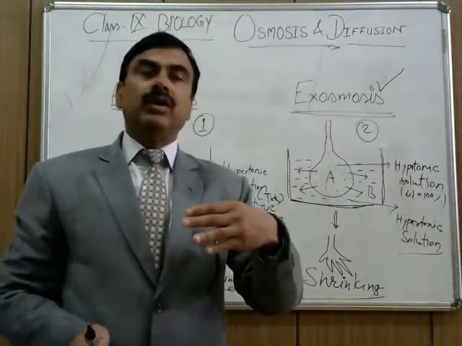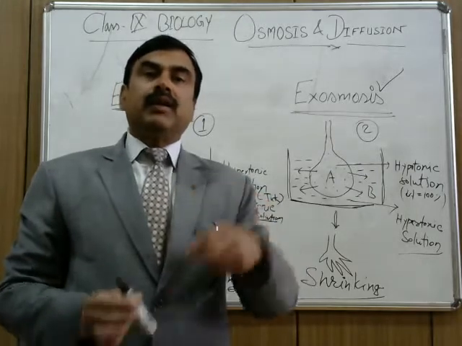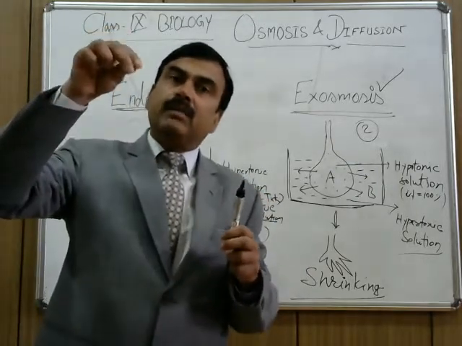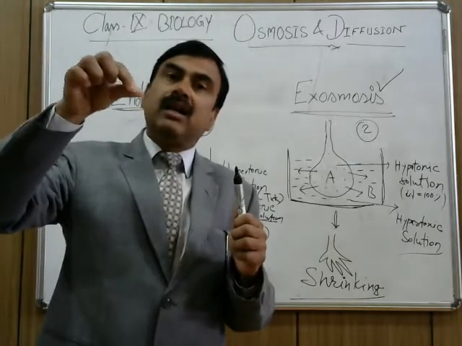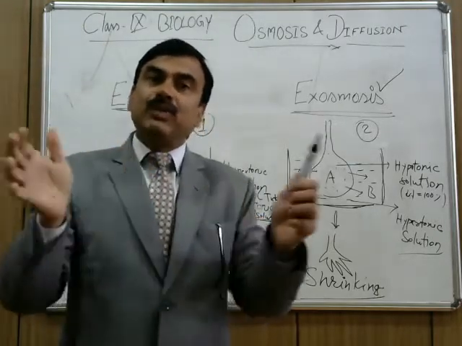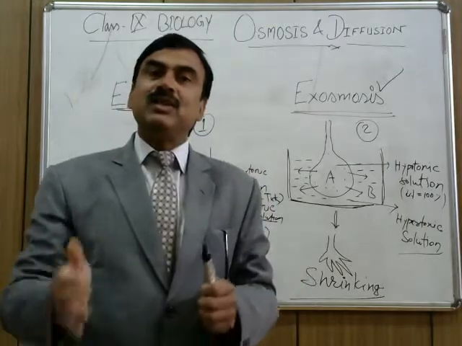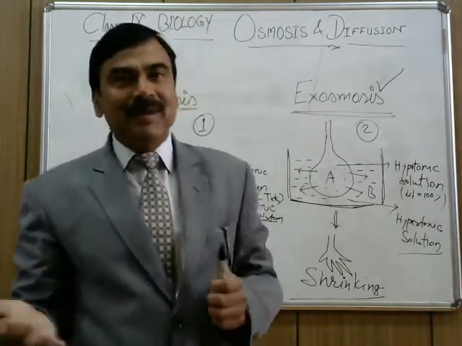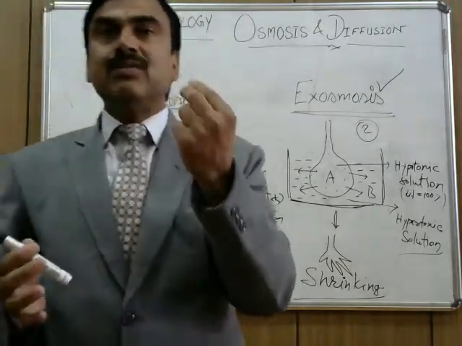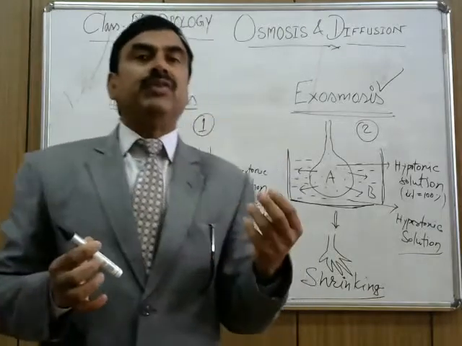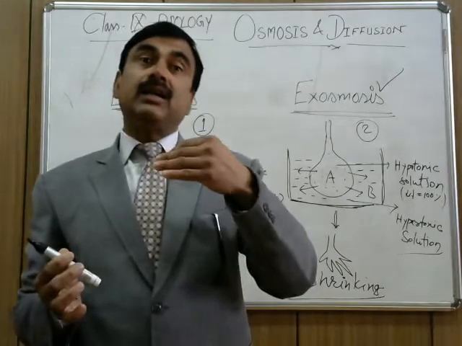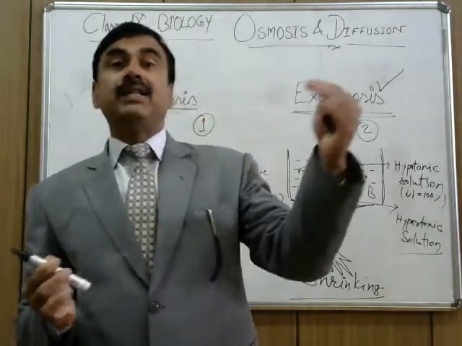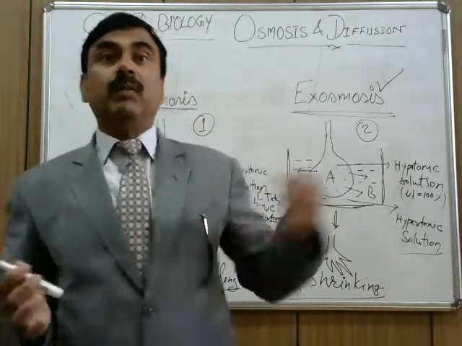Right? So, in the diffusion process, when we put chalk powder, a solid substance, or an ink color in water, that diffuses, that is spread. So there is no need of any membrane in diffusion. This is the one main difference between diffusion and osmosis. The movement of particles occurs from higher region to lower region in both cases.